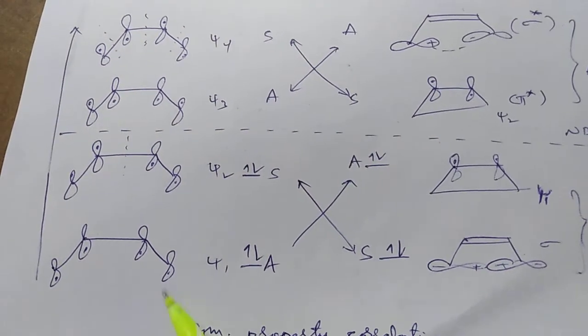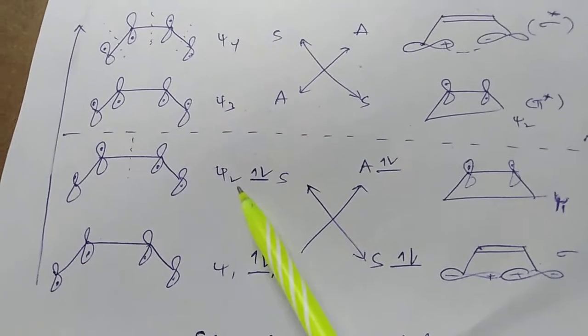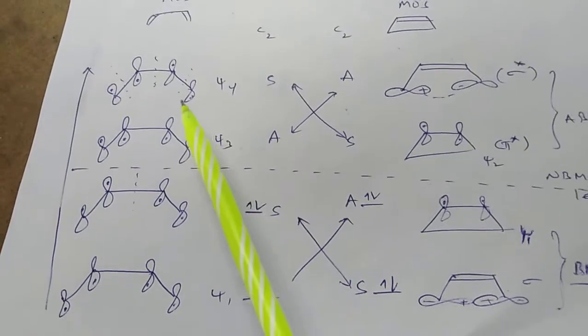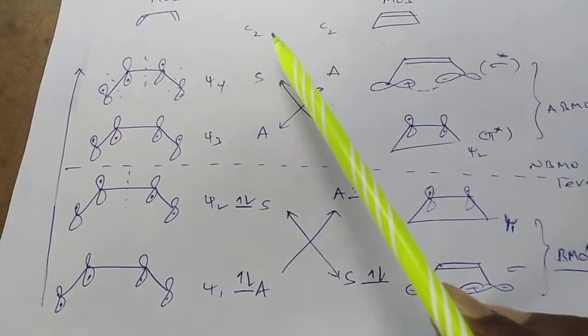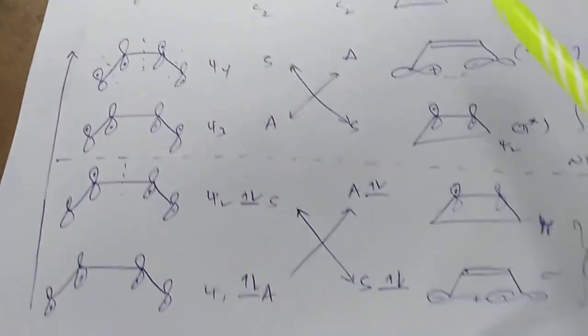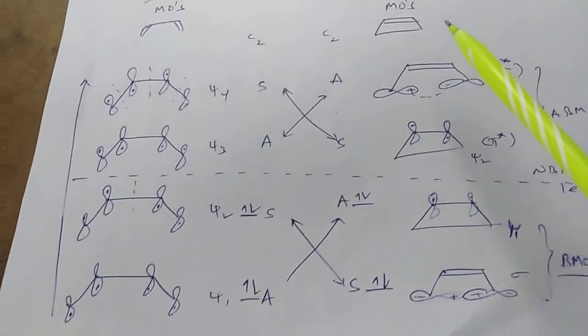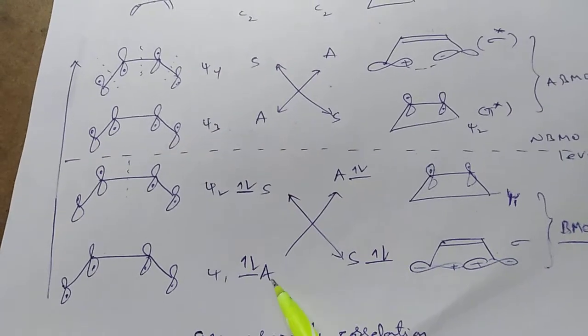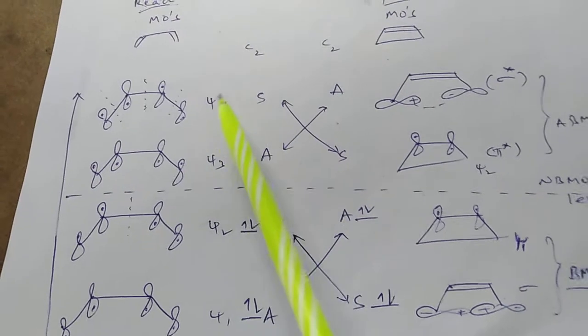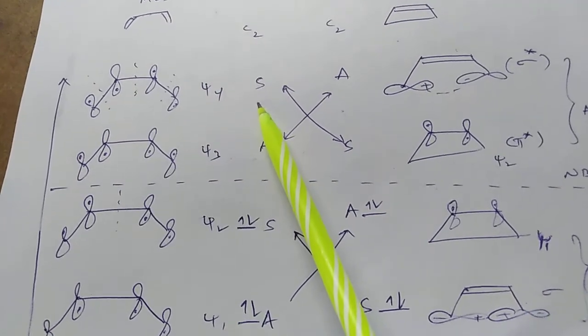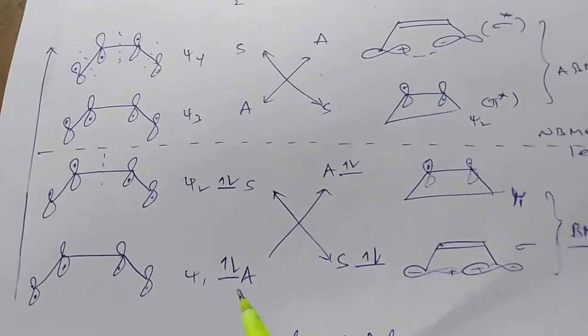The first molecular orbital is represented by Psi1, the second is Psi2, the third is Psi3, the fourth one is Psi4. In conrotation, the symmetry element is C2. Psi1 is antisymmetric, Psi2 is symmetric, Psi3 is antisymmetric, and Psi4 is symmetric. This is the ground state electronic configuration.